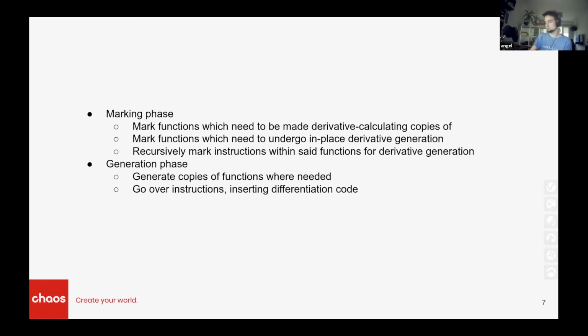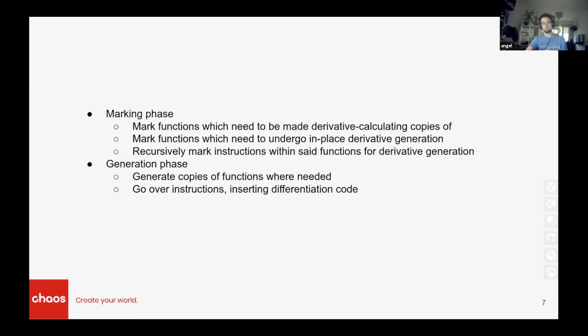And also the instructions which produce different LLVM values that are used for expressions for which we need the derivatives are recursively marked for derivative generation, so that any value which might need to have its derivative generated is marked in this pass.